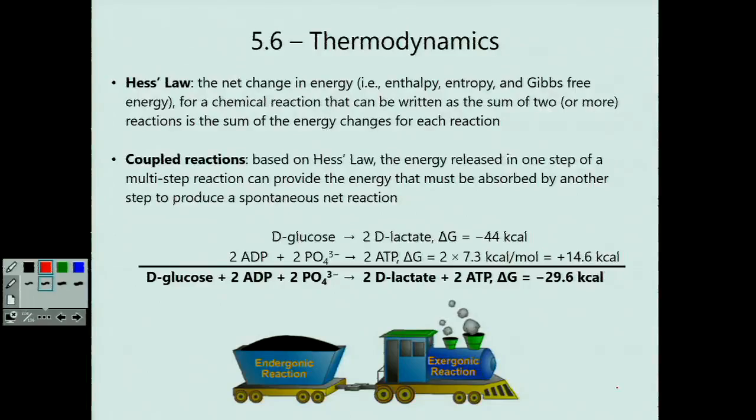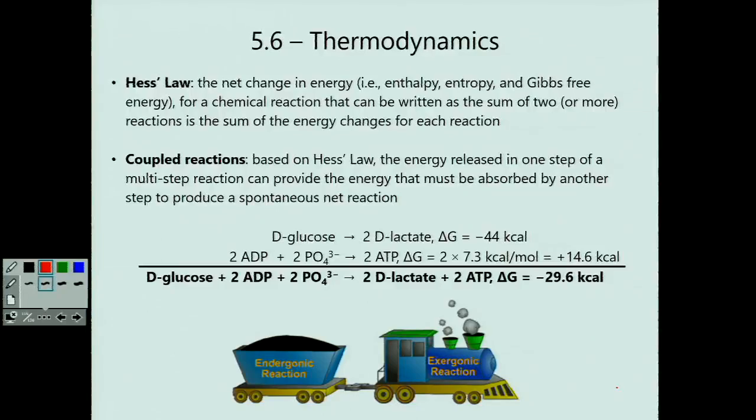Now, if that is coupled with the conversion of glucose to lactate through what we call anaerobic glycolysis, that process, which is the breakdown of glucose under semi-anaerobic conditions or conditions of limited oxygen availability, which is what happens when you're doing heavy-duty exercise, right? That is highly exergonic.